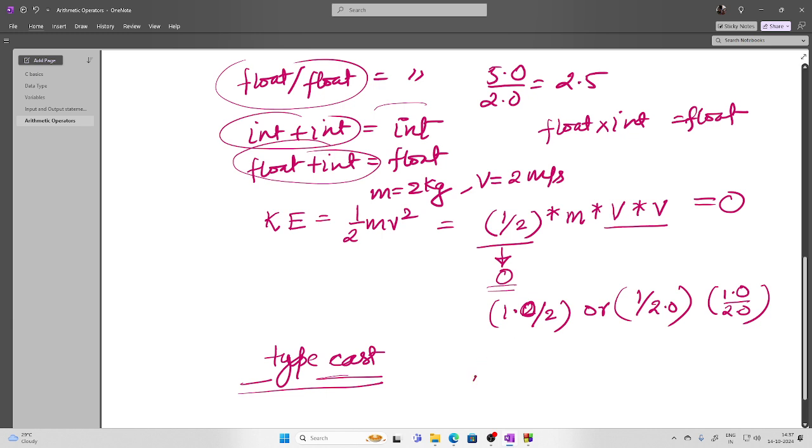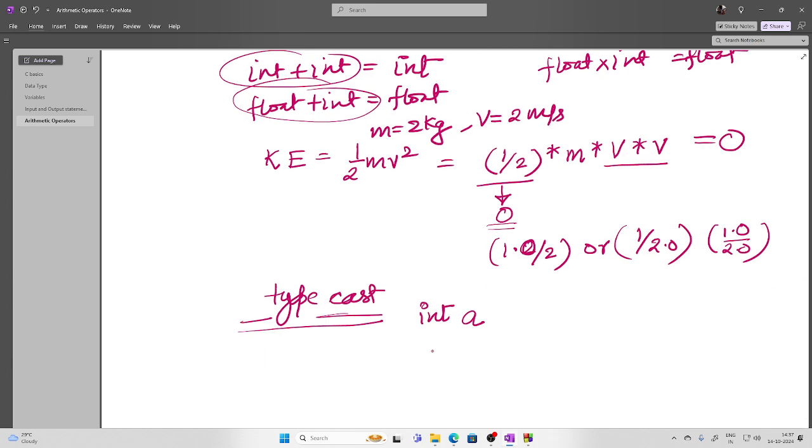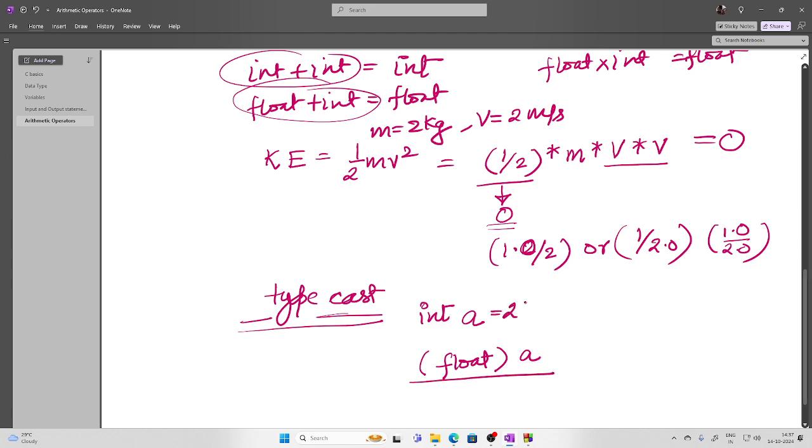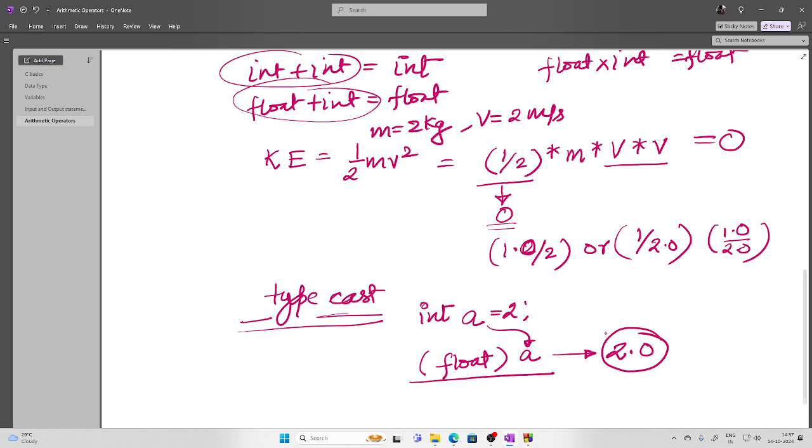So if I have a, let's say this is integer type, and in an operation I write float of a, the value of a, let's say it has value 2, will be copied here and then converted into a float. So this now becomes 2.0, not 2. This is called type casting. Casting, you all know what casting is: we have some metal, we melt it and then cast it, which means changing the shape of that particular thing. So here also we are changing the data type of this particular variable. So this is called type casting.